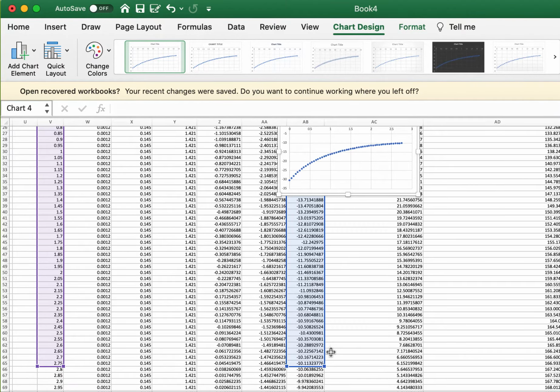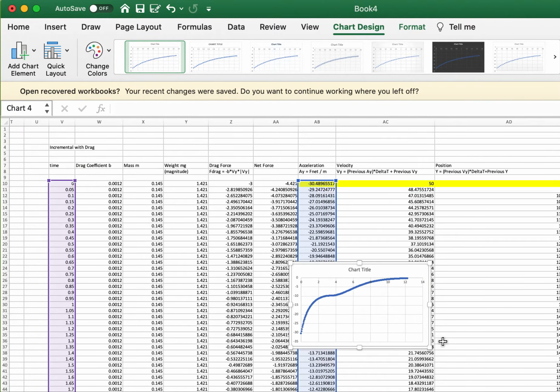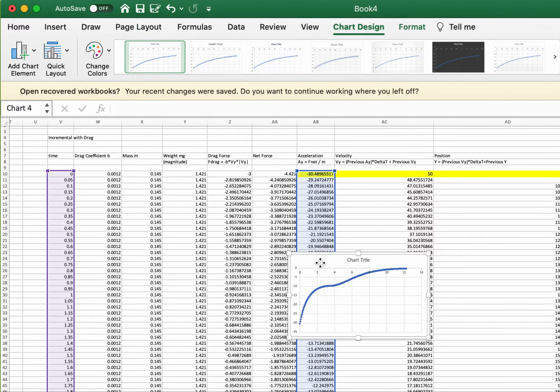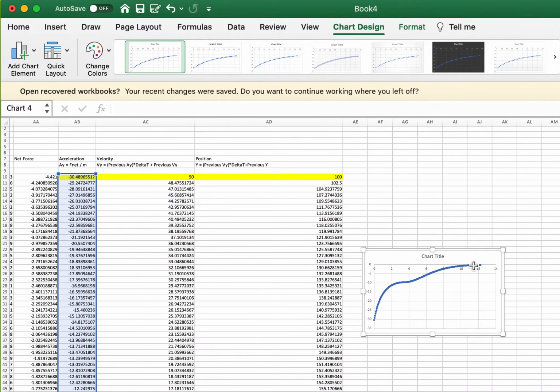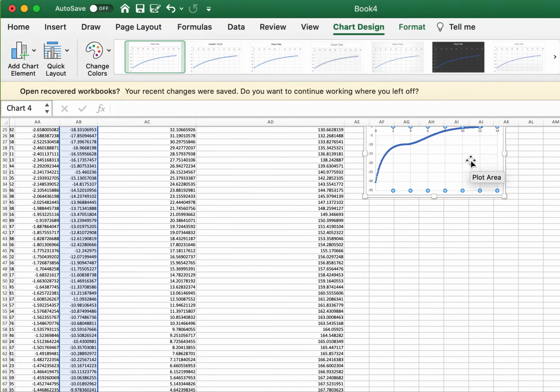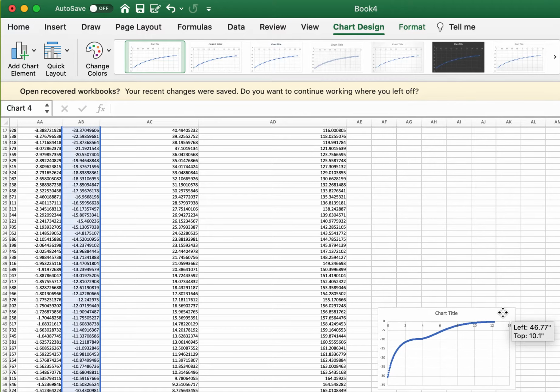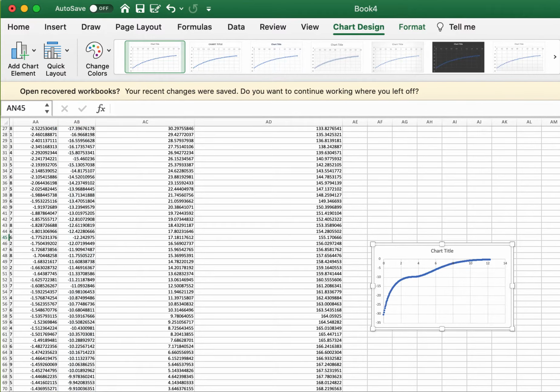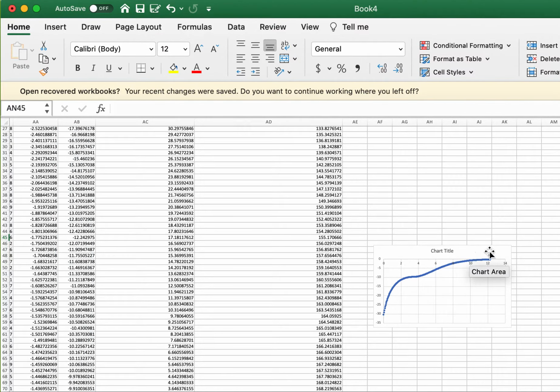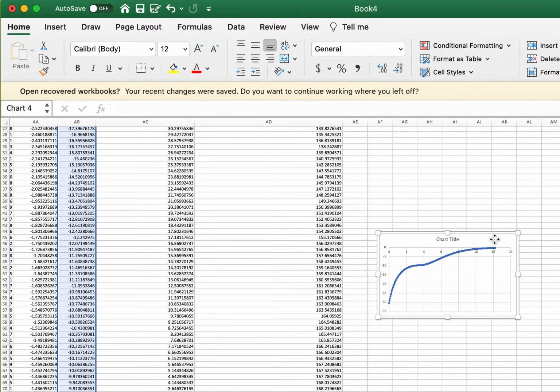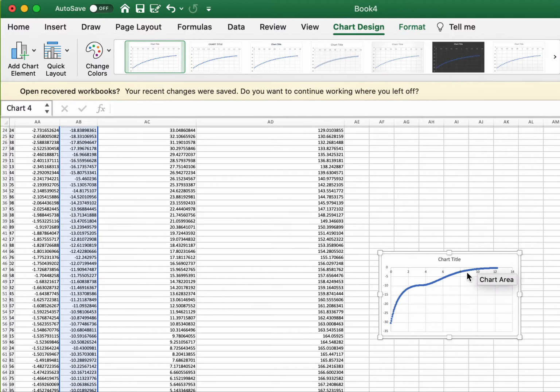Alright, it's an interesting acceleration graph. Certainly different from the types we had looked at before. It's a changing acceleration. They call a change in acceleration jerk. So there's definitely some jerk going on there.